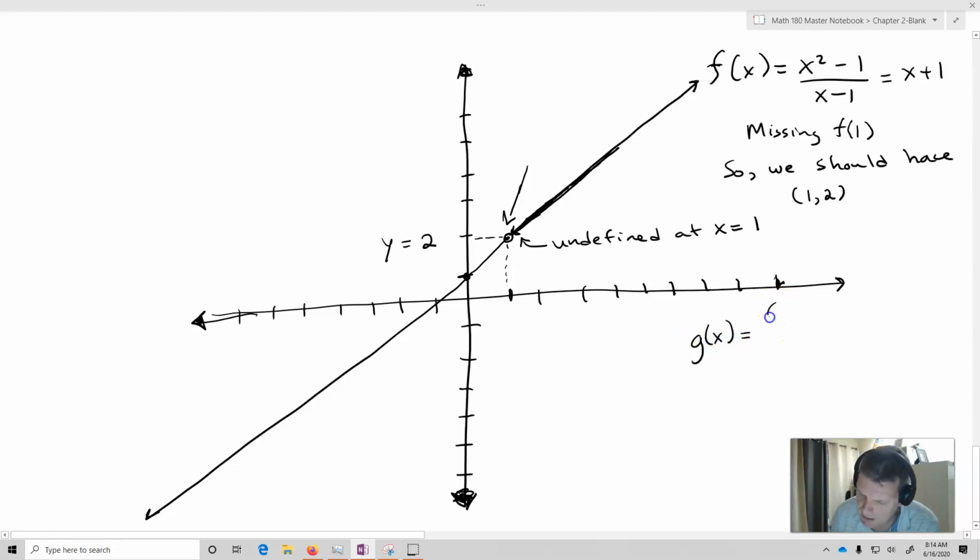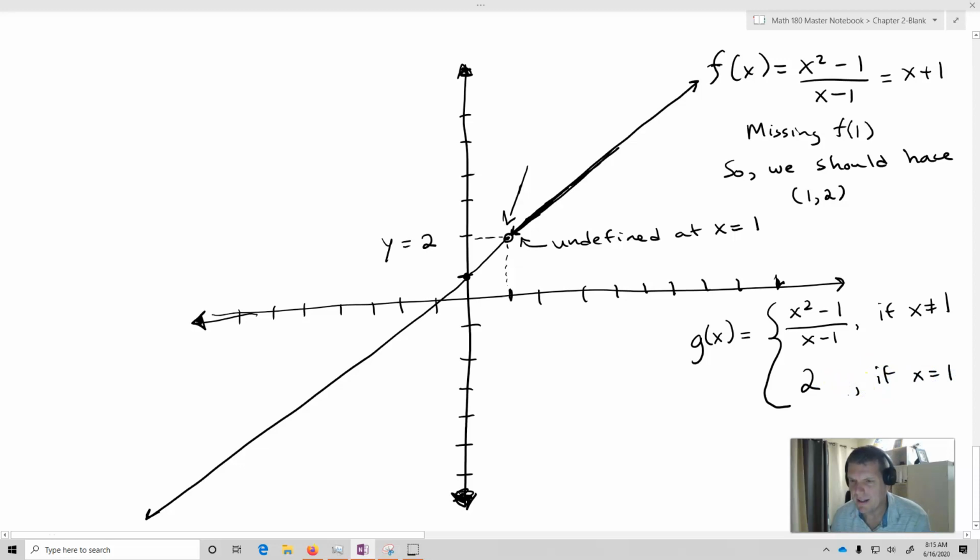And so g of x is going to equal (x squared minus 1) over (x minus 1) if x does not equal 1, and it'll equal 2 if x equals 1. And there it is, okay? What we've done here now is we've filled in the hole. Now I actually have a continuous function.